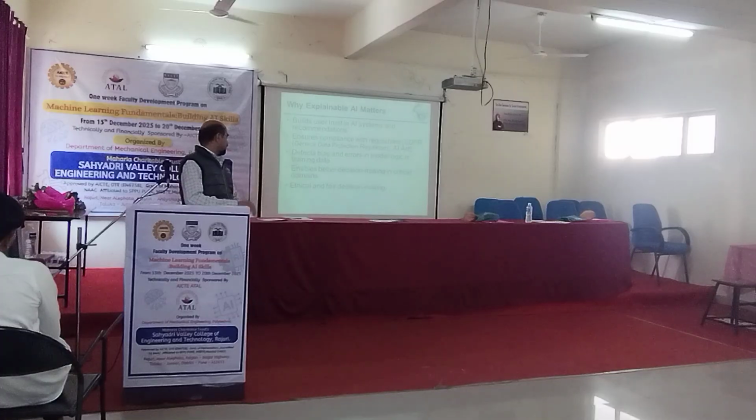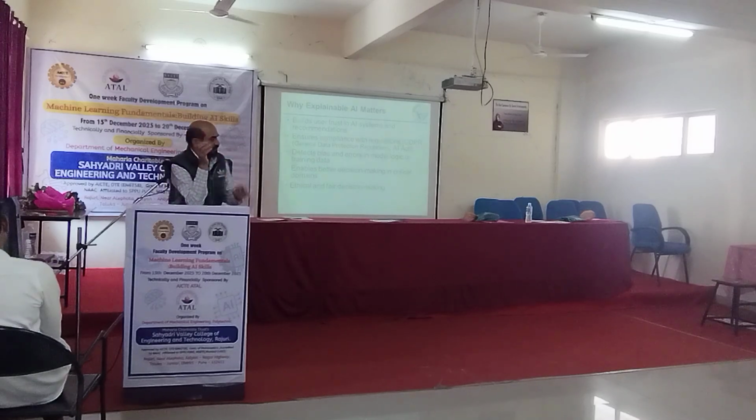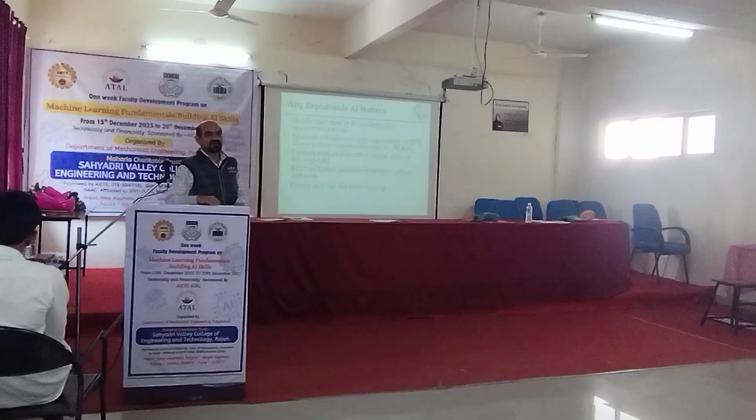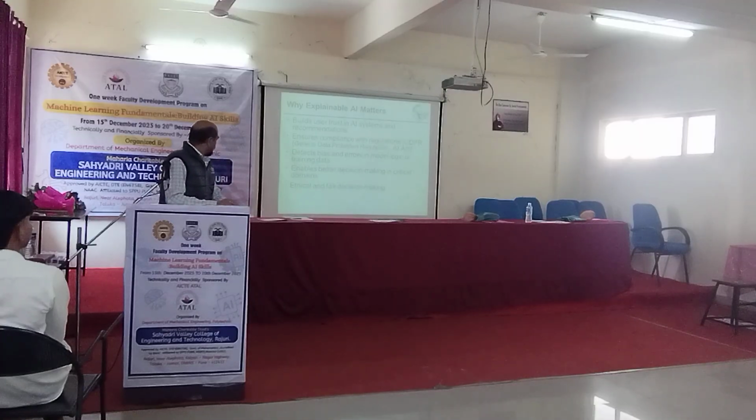Ensure compliance and regulation. There are many bodies, or we can say rules made for acceptability. Otherwise no one can say this model is correct. There are many models used for explainable AI. It is about bias and error.